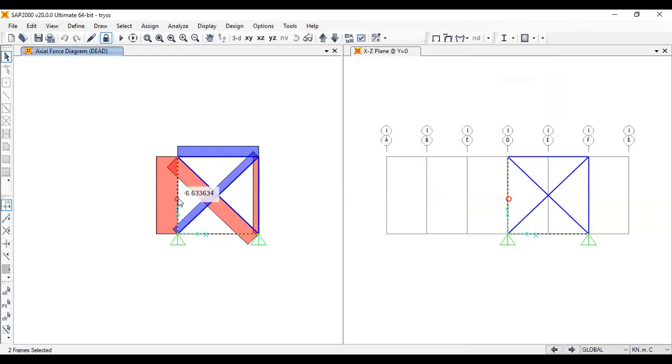Axial loads are 6.6 compression, 3.3 tension, 1.6 compression, 4.7 compression, and 2.3 tension, right? So it's exactly as the Excel sheet that we defined, that we did manually for the finite element analysis.